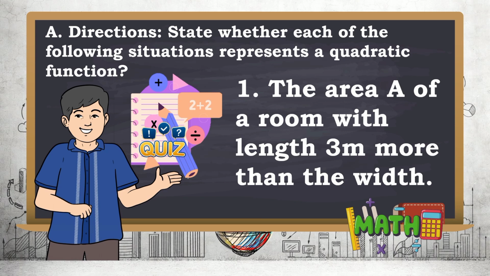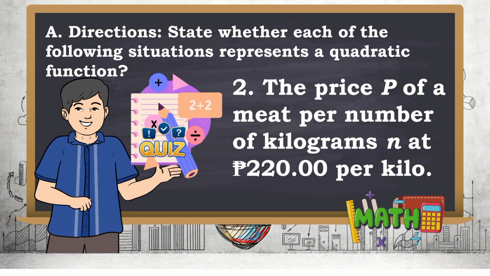For your quiz, letter A, state whether each of the following situations represent quadratic functions. Number 1, the area A of a room with length 3 meters more than the width. Number 2, the price P of meat per number of kilograms at 220 pesos per kilo.